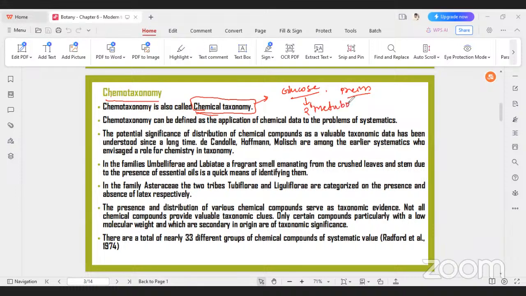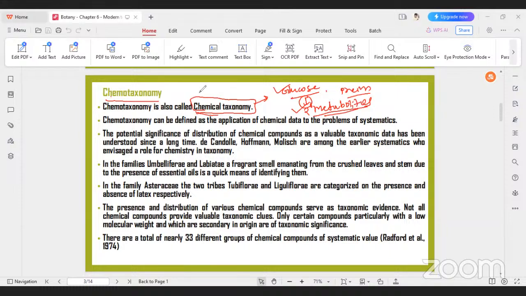Secondary metabolites. These secondary metabolites are also chemicals. The primary ones are chemicals, secondary metabolites are also chemicals. They are formed after utilizing the primary ones. The waste material is in the form of secondary metabolites. There may be alkaloids, flavonoids, tannins, they are all. So based on these chemicals, we can classify the plants.